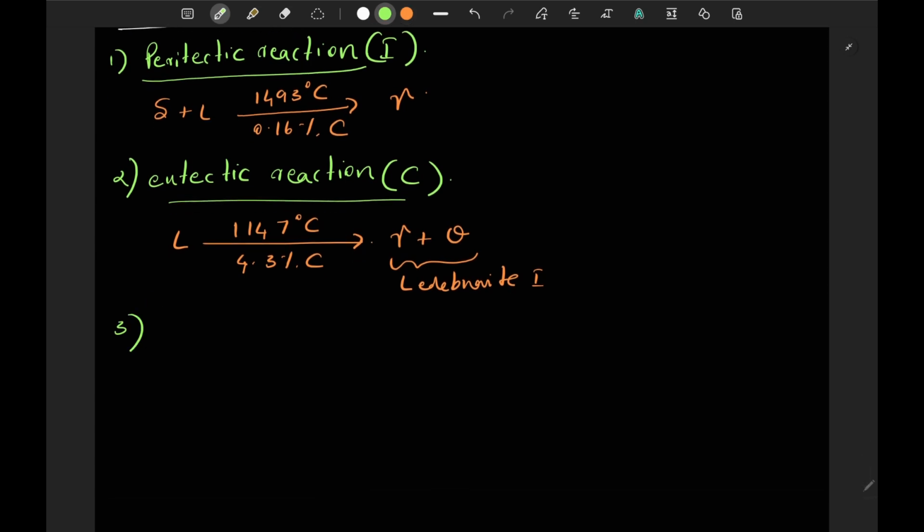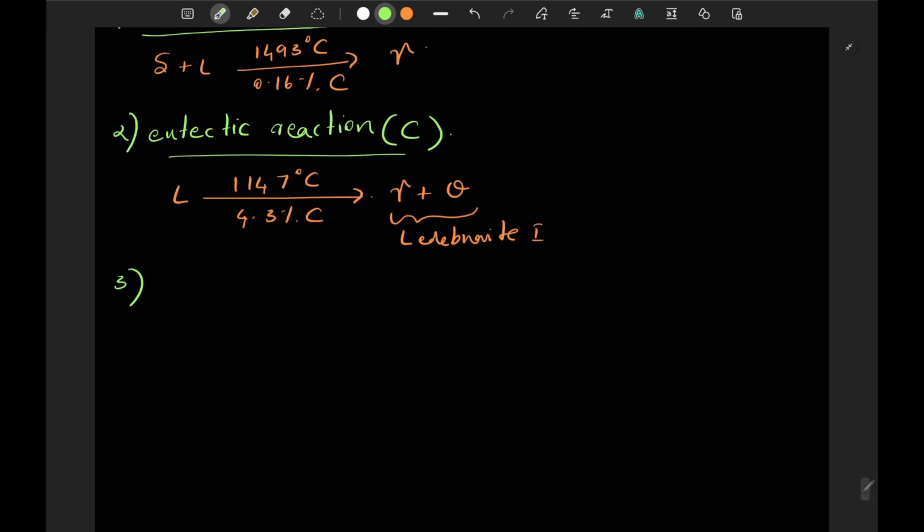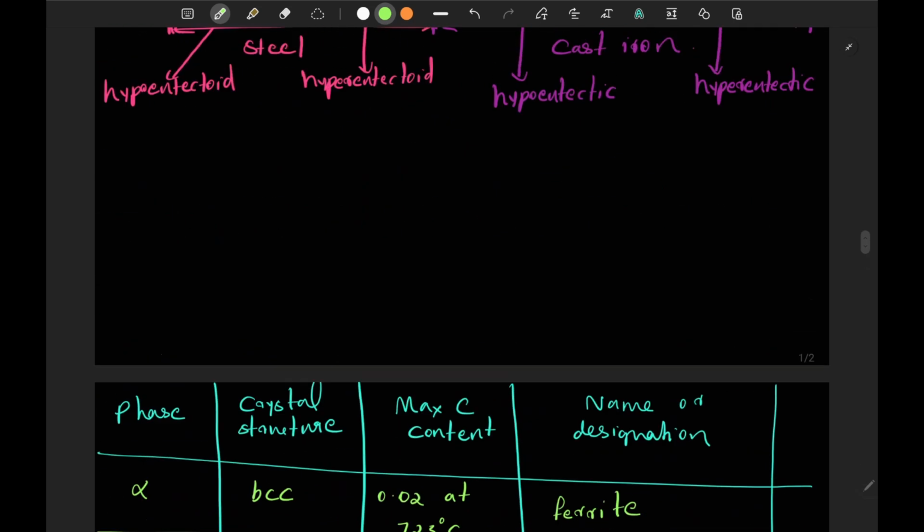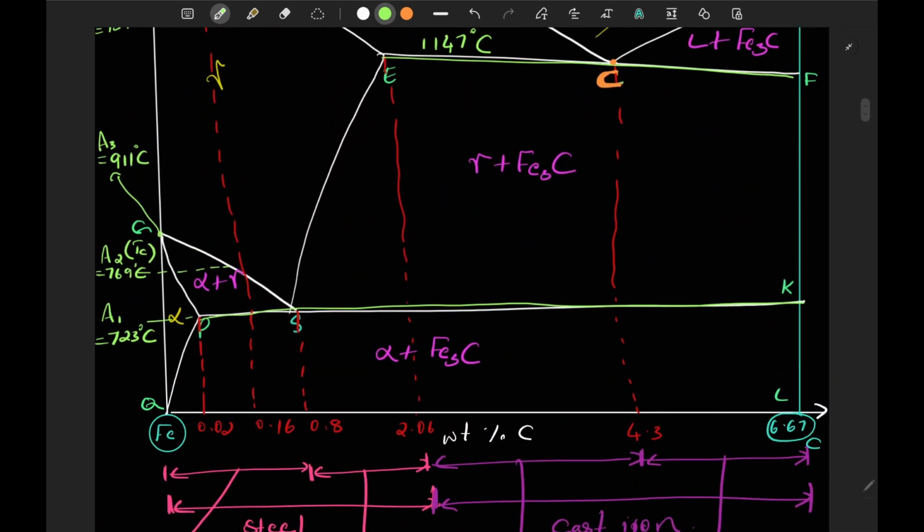And the third reaction is the eutectoid reaction, and it happens at point S, where gamma upon cooling down gives alpha plus Fe3C.